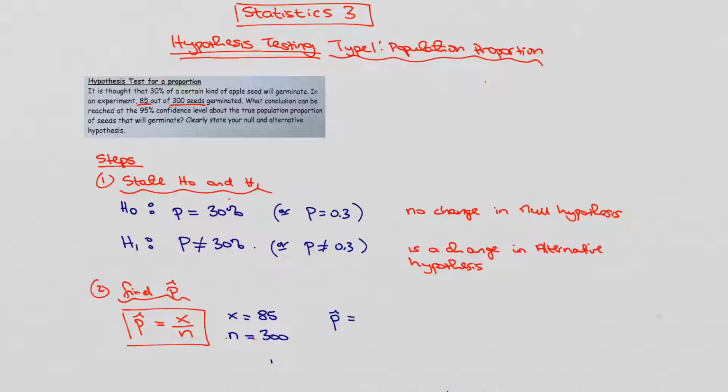And therefore, our sample population proportion is 85 over 300, which simplifies down to 17 over 60. Now, if I was to change that to a decimal, it's a bit messy, so I'm going to keep it in fraction form. Okay, so my next step then is to set up my 95% confidence interval.